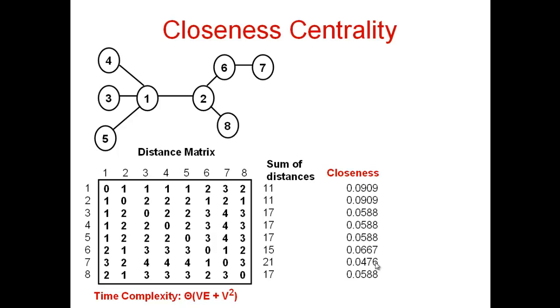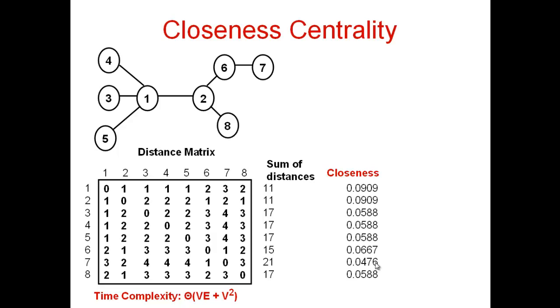Okay. Now the time complexity: you need to run breadth first search to find the distance vector for each vertex. So it is V plus E time complexity for running breadth first search once from a particular vertex. So you have to run it V times, once for each vertex. So it's V times (V plus E), that is V square plus VE, or VE plus V square.